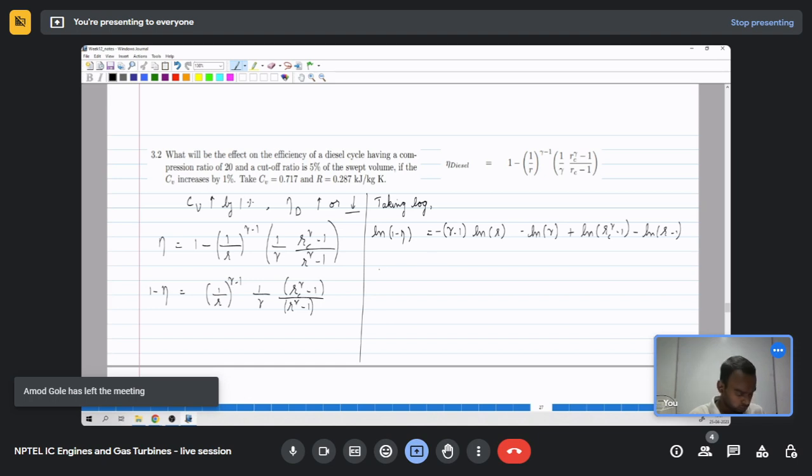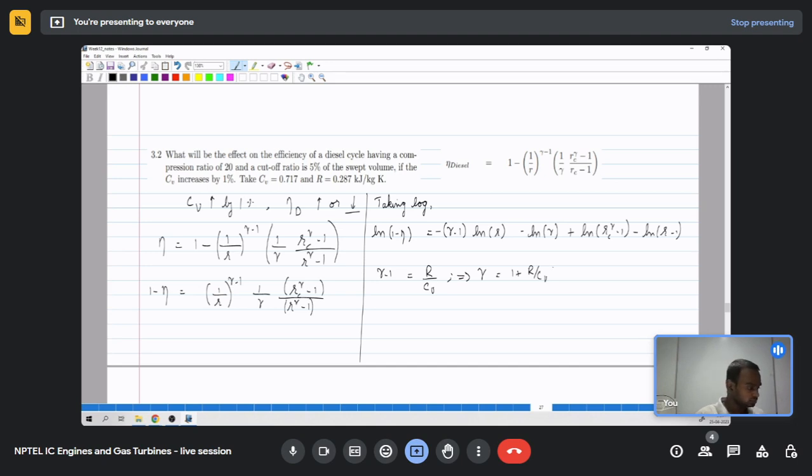So now we put gamma minus 1 as R by Cv, and we get gamma equal to 1 plus R by Cv, like in the previous case. Then ln of 1 minus eta is equal to minus ln of R by Cv plus 1.